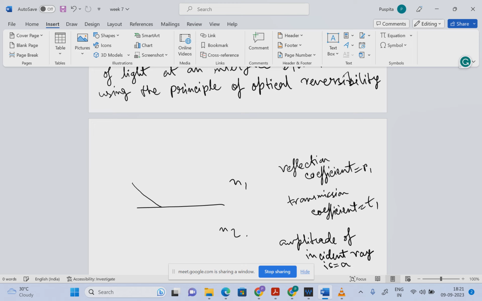So this is the ray of amplitude A; the reflected ray will be A R1, and the transmitted ray will be A T1.